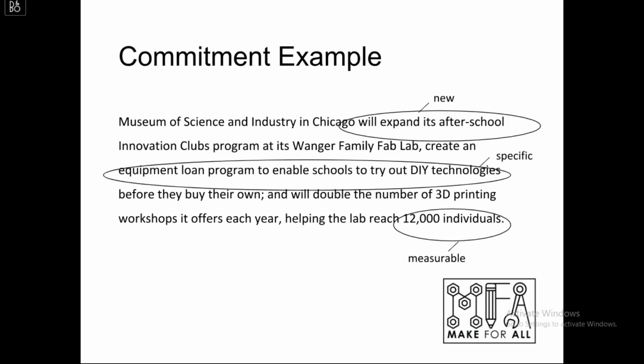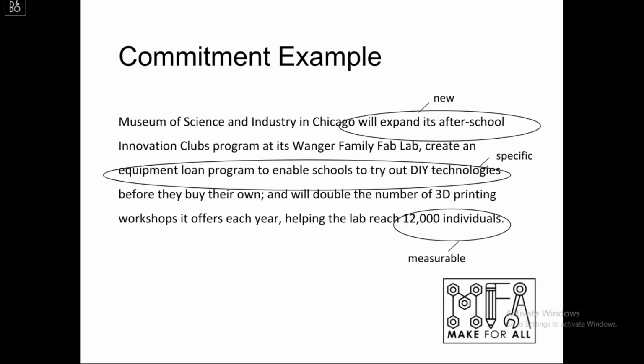They're looking to expand a program that they already have going, that they really think is doing well, the Innovation Clubs. I really liked too that they launched this equipment loan program. The idea behind this part of the commitment was that they recognized that schools didn't feel comfortable, or in some cases didn't have the resources right off the bat, to build their own maker spaces.